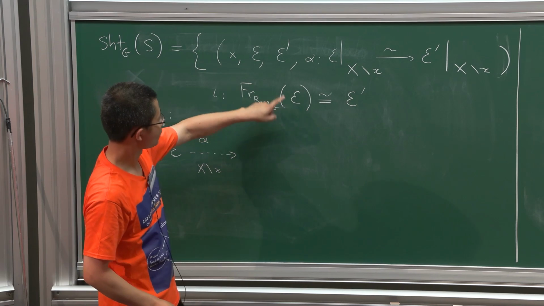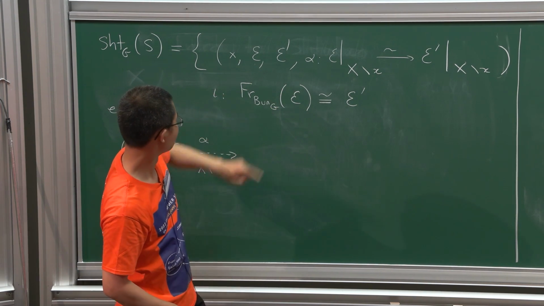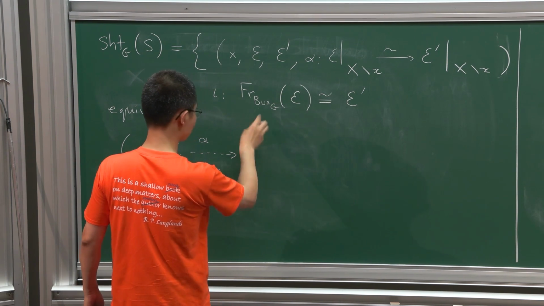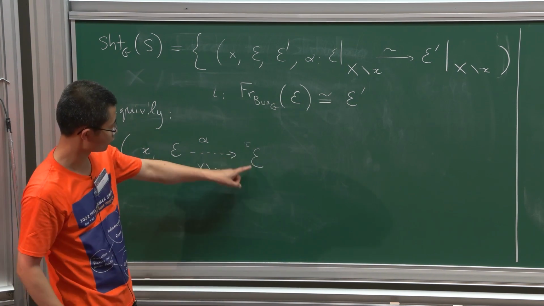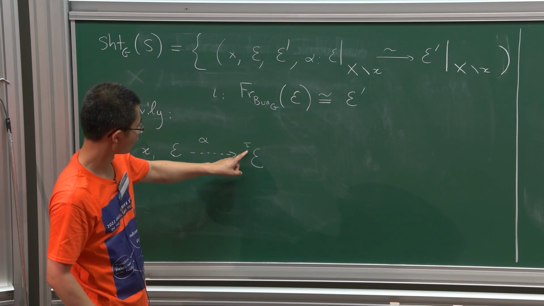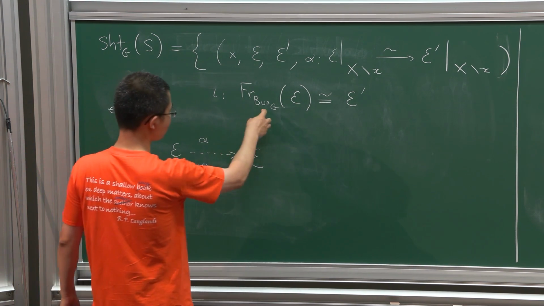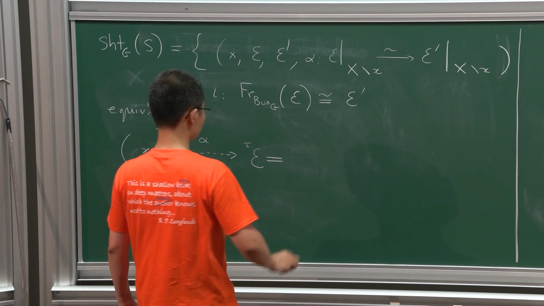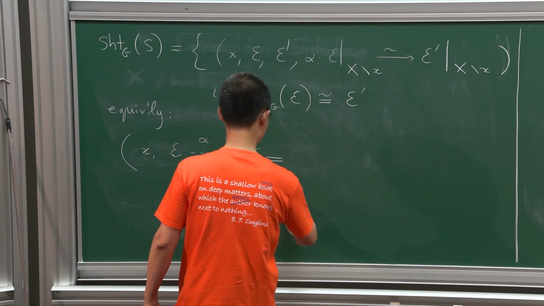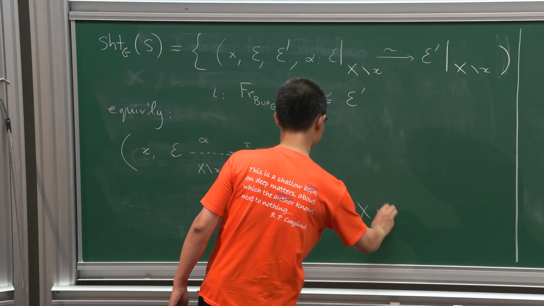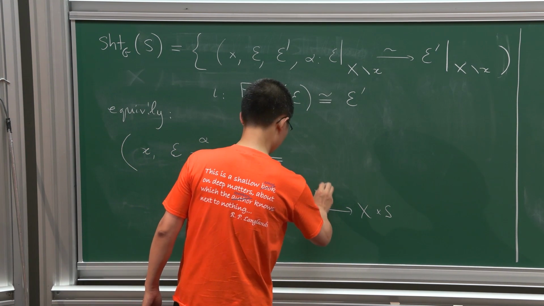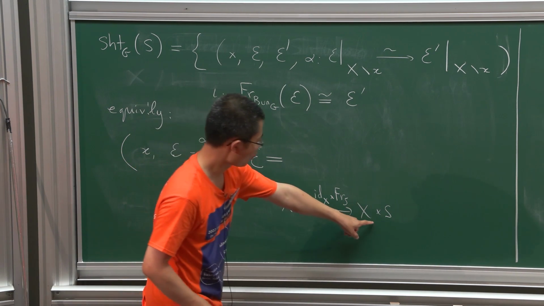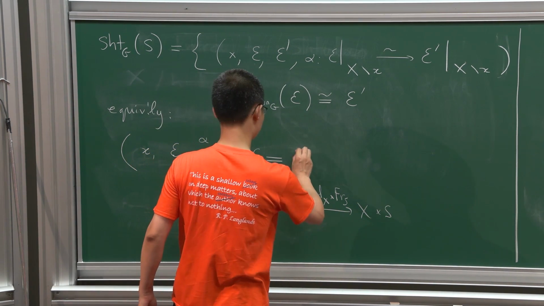And then the second bundle is already determined by the first bundle, as the image under the Frobenius morphism. So I use this left exponent tau to denote the image under Frobenius. But more concretely, what it means is if you look at the map from x times s to x times s, which is identity on x and the Frobenius on s, I just pull back the bundle along this map.